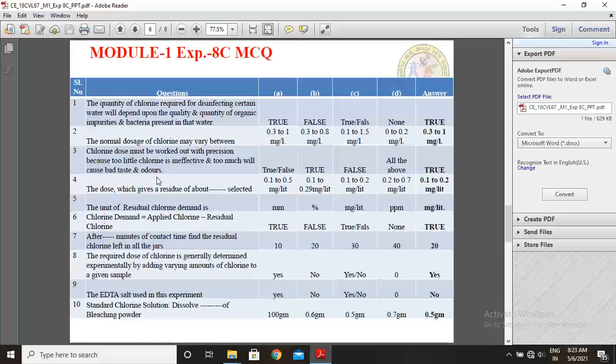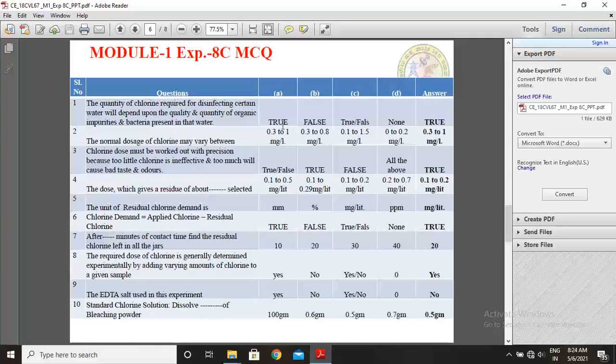This slide is explained based on multiple choice questions from experiment 8C, 10 questions with different options. First question: the quantity of chlorine required for disinfecting certain water will depend upon the quality and quantity of organic impurities and bacteria present in that water.